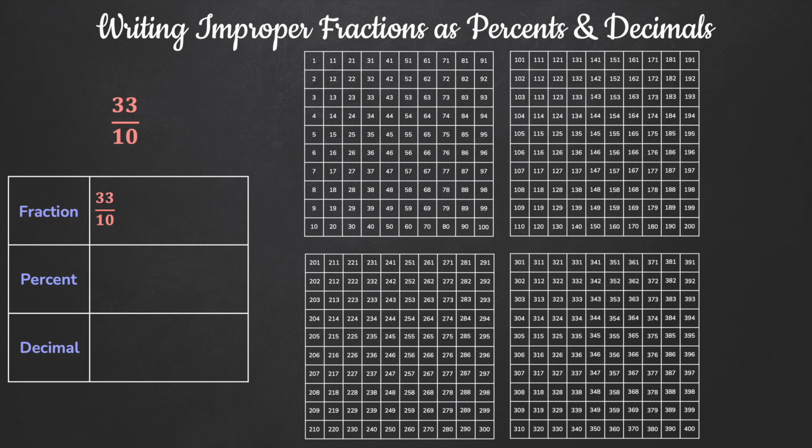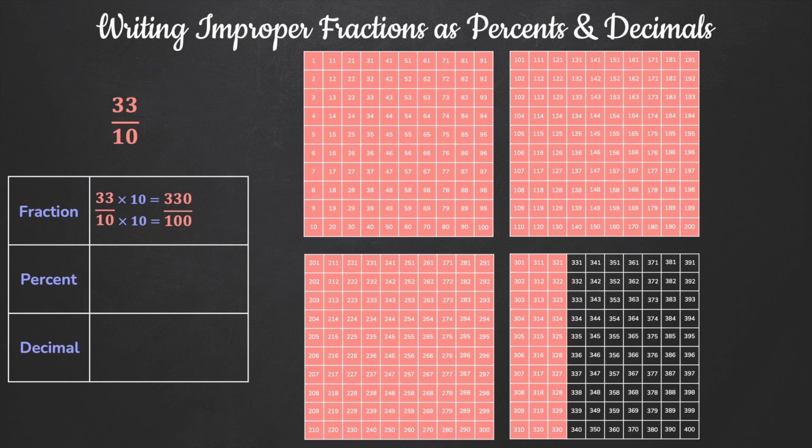So we're going to multiply both the numerator and the denominator by 10. 33 times 10 is equal to 330, and 10 times 10 is equal to 100. So now we have 330 over 100. So that means we're going to shade in 330 of these little boxes in our grids.